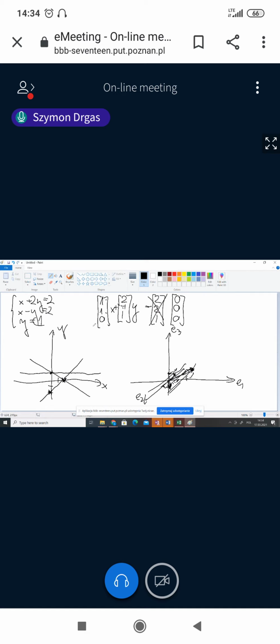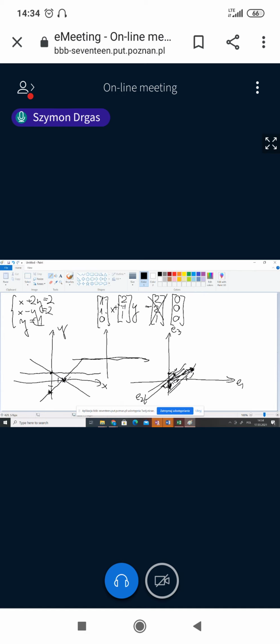And what will happen in the row picture if there are zeros at the right hand side? All these lines will be moved in such a way that they intercept the origin of this coordinate system.